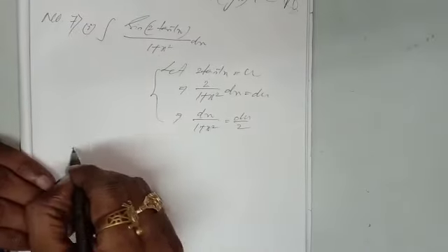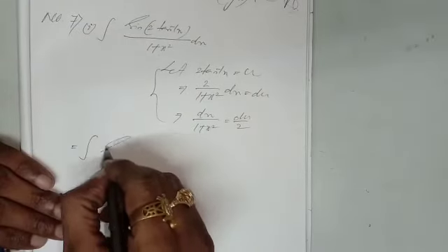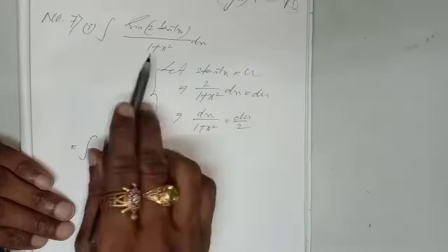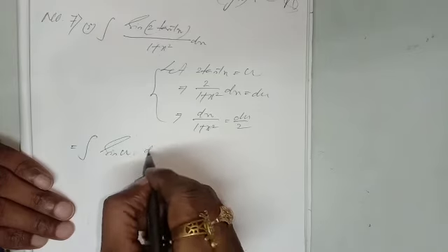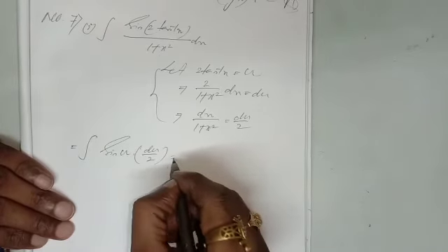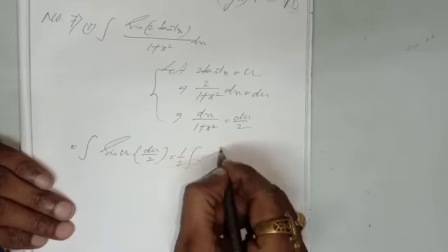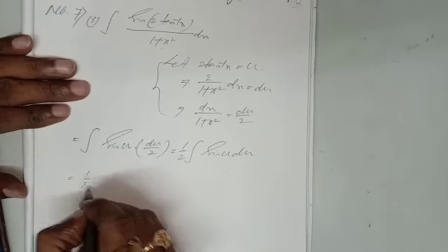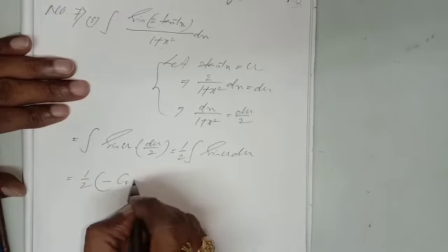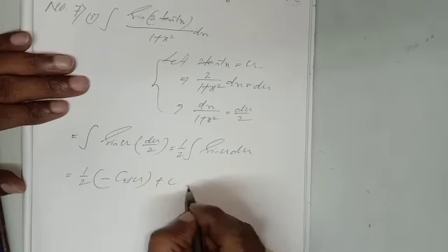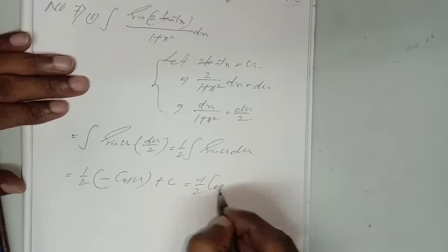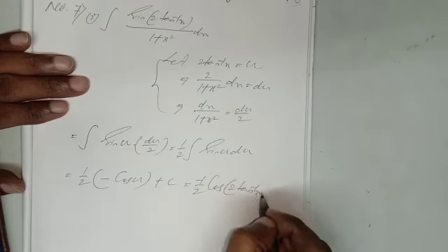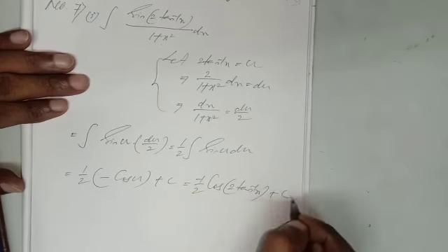Now replacing all, you will get sine u, because I have taken 2 tan inverse x as u, and dx by 1 plus x square as du by 2. 1 by 2 take outside, integration sine u du. The integration of sine u is minus cos u plus c. Finally we are getting minus 1 by 2 cos u. U means 2 tan inverse x, so minus 1 by 2 cos of 2 tan inverse x plus c is the answer.